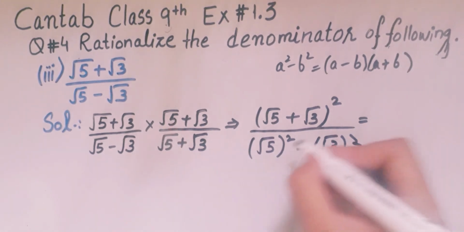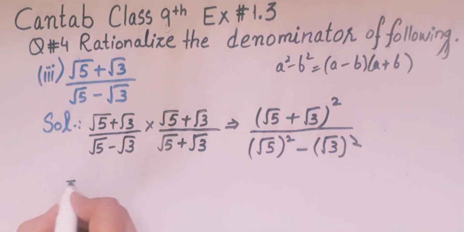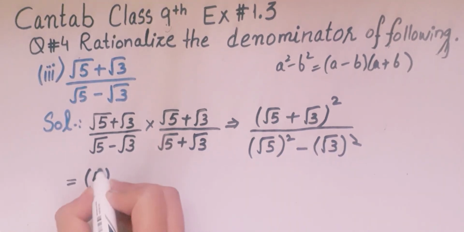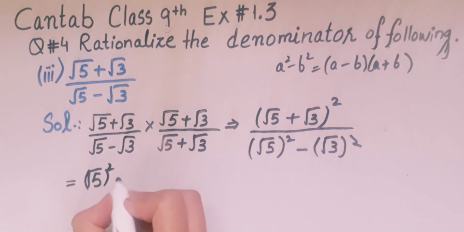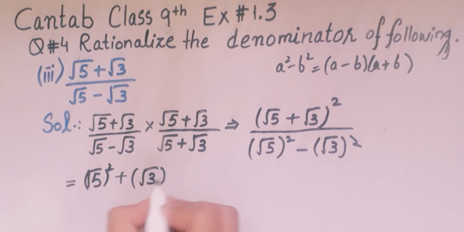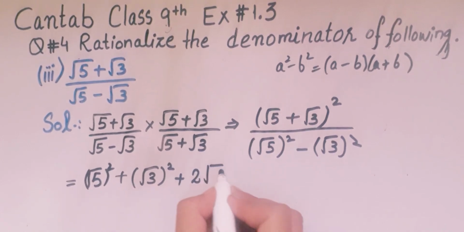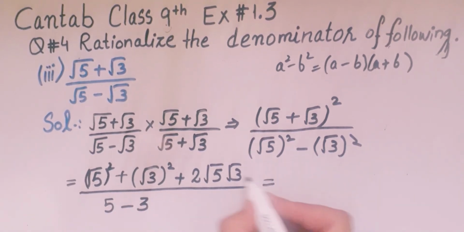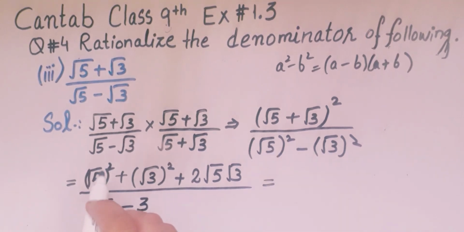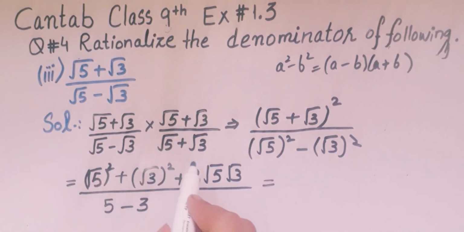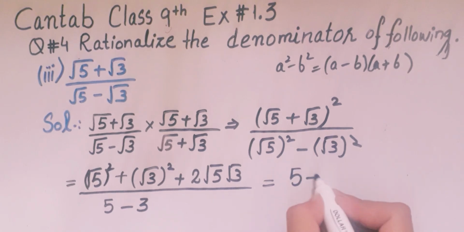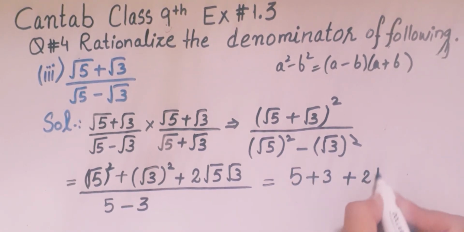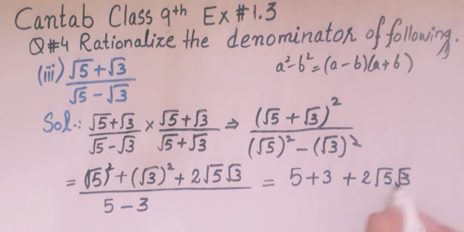So we will open the square: square root of 5 square plus square root of 3 square plus 2 into square root of 5 square root of 3, and 5 minus 3. So this square will be cancelled by this square root, and this square is also cancelled by this square root. So we have 5 plus 3 plus 2 square root 5 square root 3.